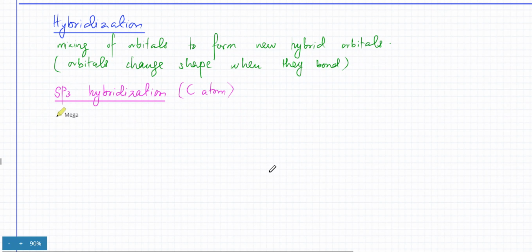So when does it happen? When carbon is making four single bonds.